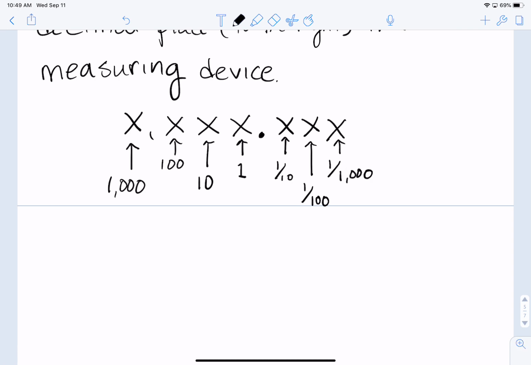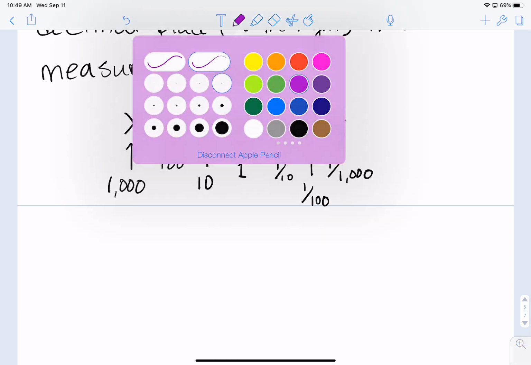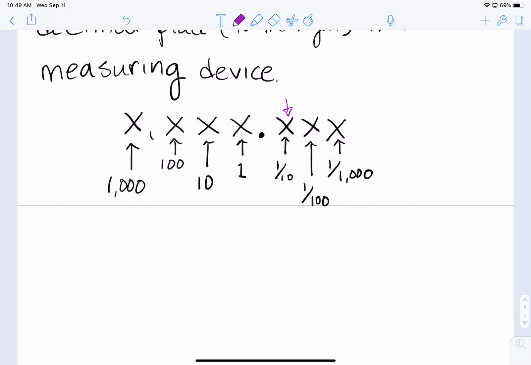So if your measuring device, let's say you had a ruler and it measured to this place right here, you would report your answer with 2 decimals.